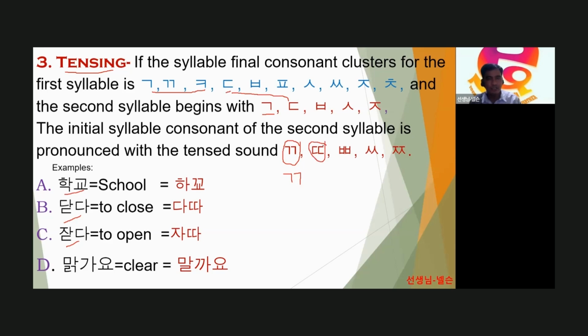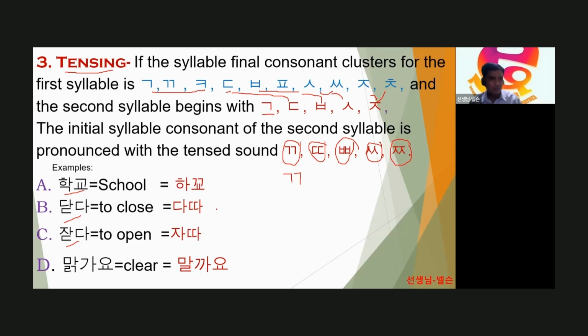Then piyop or biyop, it becomes sang piyop. Then syot becomes sang syot. Then jot and chot become chut. That is what we call tensing.